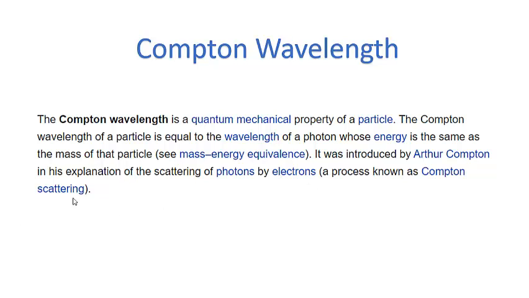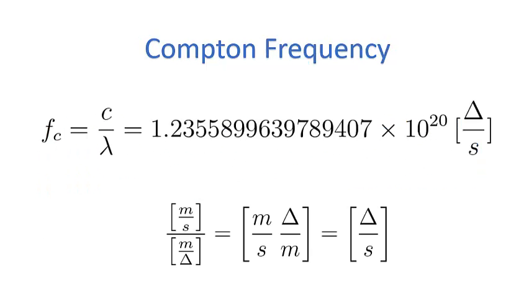And it is this frequency that we're going to calculate. Because they associate the Compton wavelength with a photon, I am justified in using this equation, which converts from the domain of the wavelength to the domain of the frequency.